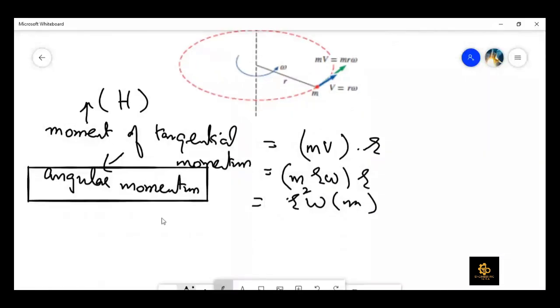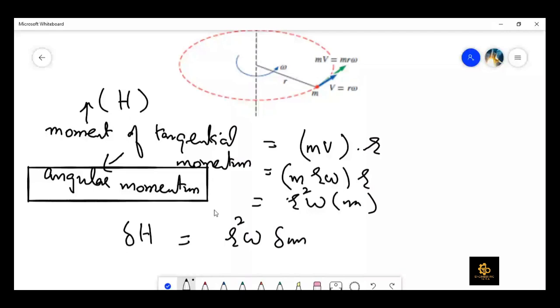Let me write delta h would be equal to r squared omega into delta m over the entire mass of the rigid body. Because omega will be constant if the body is having rigid body rotation, in this case we can say that omega is outside the integration, and inside we have got r square into del m, which is integrated on the entire mass.